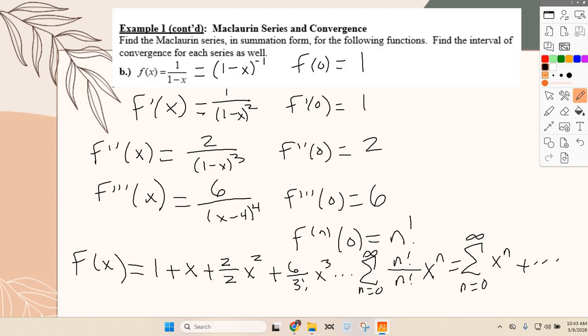Yes, no, maybe? So then the last part that it asked us to do is to find the interval of convergence. Yes? What's our interval of convergence for a geometric? What's our r here? It has to be less than 1. So what do I get for my interval? So 1.